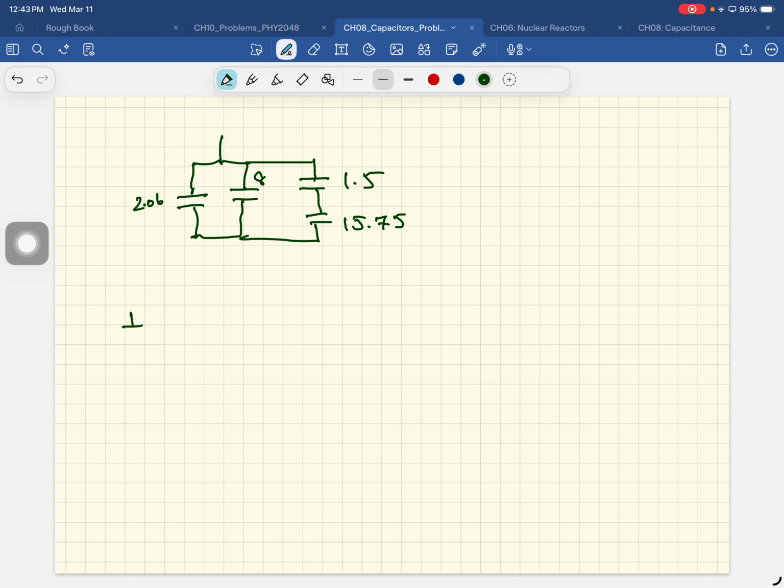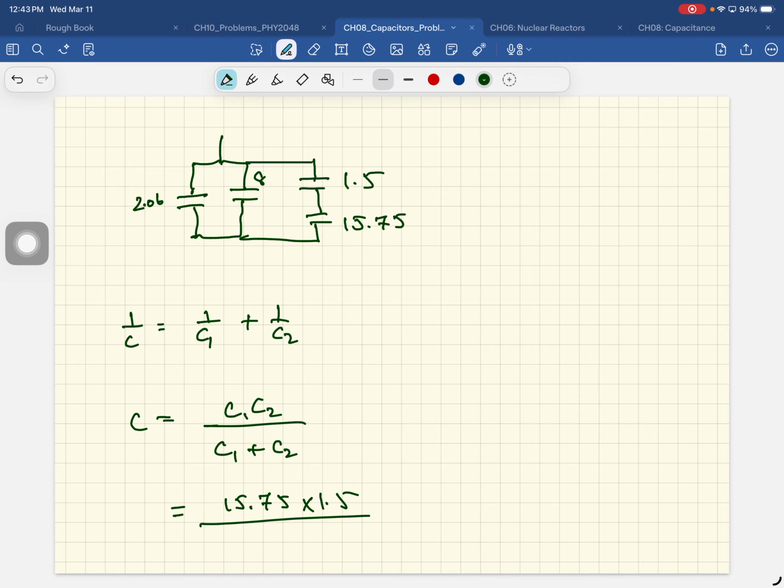Okay, so for the series combination, it's 1 over C1 plus 1 over C2. Now you guys are experts at this, so okay, this is 15.75 times 1.5 divided by 15.75 plus 1.5.